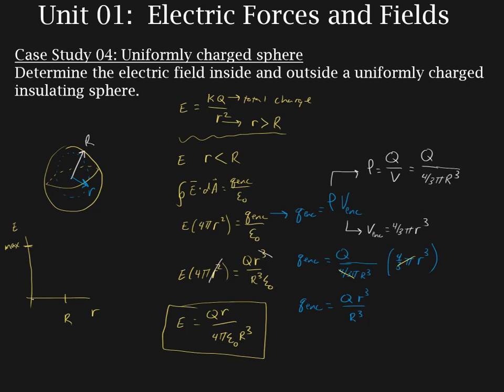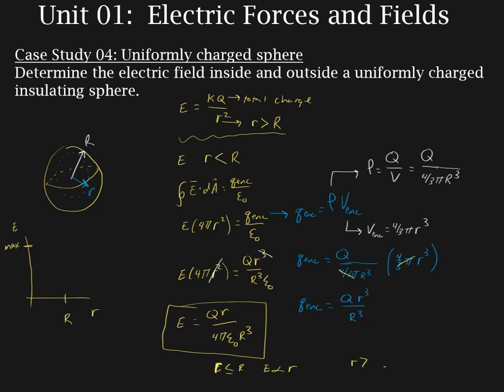So we're going to go from the exact middle of the sphere out to the outer edge of the sphere, and then from the outer edge of the sphere into infinity. What we can see is that when little r is less than or equal to capital R, E is just proportional to r. So it's going to be a straight line.